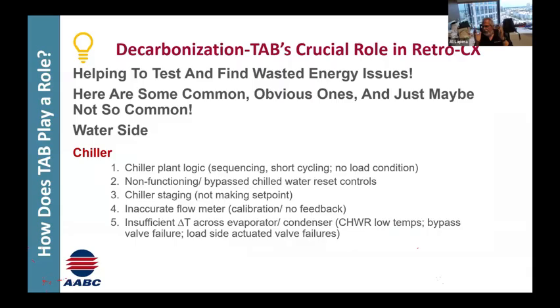So, going from this point forward, how to test and find wasted energy issues. Here are some common, obvious ones, and maybe just not so common. So, Robert. Yeah. In finding the wasted energy, these five chiller conditions, you would get involved by using your instrumentation out there and collecting the data, real-time data for analysis. The best scenario is for the test and balance professional to work alongside the CxA and the controls contractor.